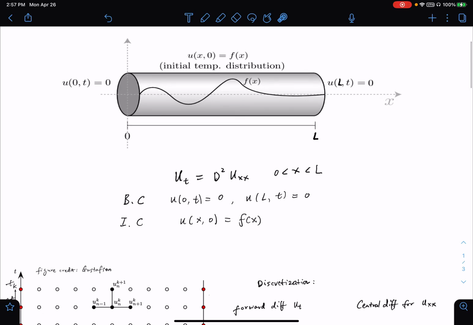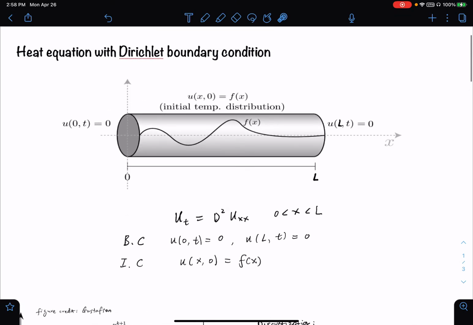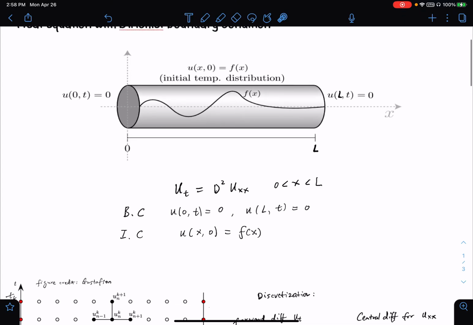The equation is as follows. The first derivative of u with respect to t is equal to a constant d squared times uxx for every x between 0 and L. For this problem, we are enforcing a Dirichlet type boundary condition. Here, for simplicity, we are enforcing the zero boundary condition.